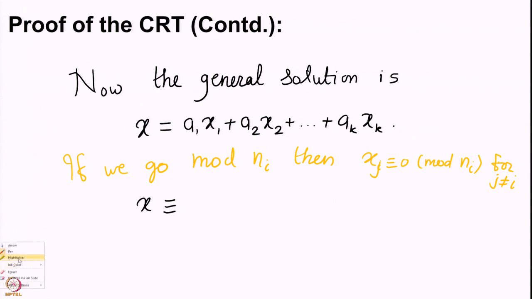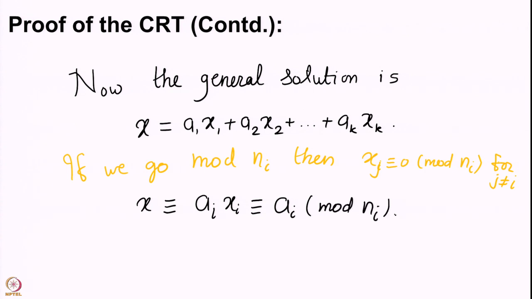So, the only thing which survives in this is ai xi, which is congruent to ai, because xi is now 1 mod ni.